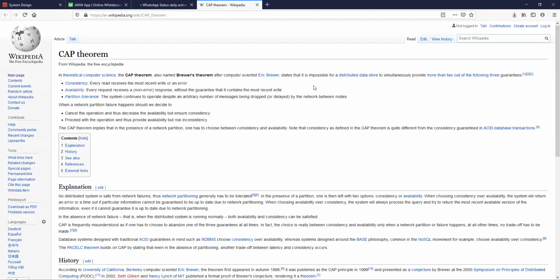So I think availability is more important here, because if I send a message and someone is not able to immediately see it... Consistency means every read receives the most recent write or an error, right? That means I can see stale data.